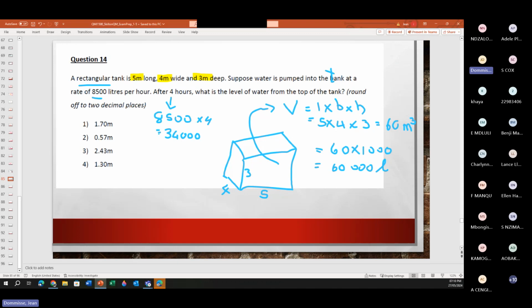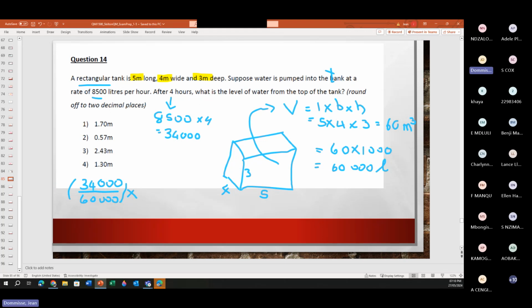If it pumped 4 hours at 8,500, there was 34,000 liters pumped in 4 hours out of a total of 60,000 that the pool can take. So that is how much it's filled.